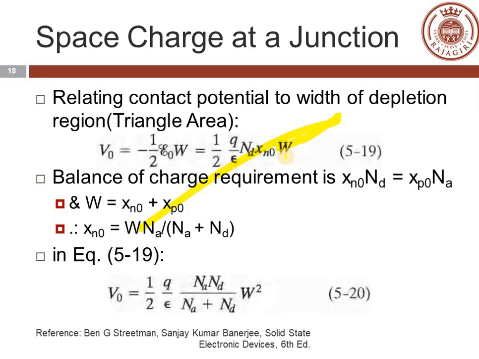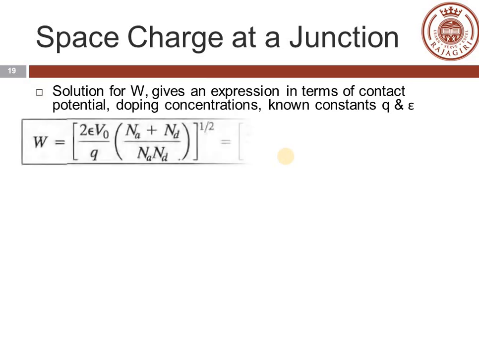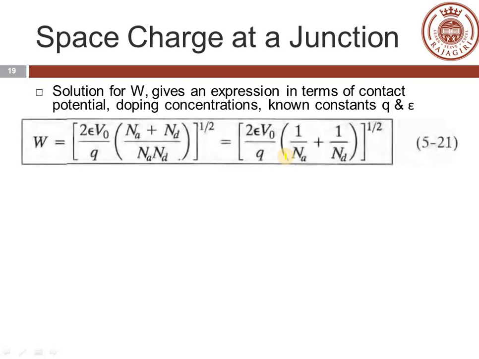Now, from this equation we will find W. W can be written as the square root of (2 epsilon V0/q) times (Na + Nd)/(Na Nd), which can be written as 1/Na + 1/Nd.